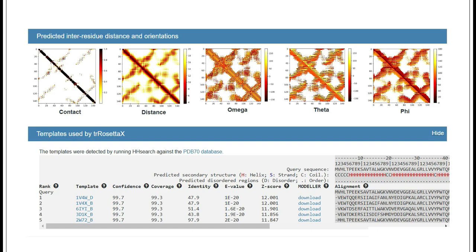These three heat maps represent the orientational information between residue pairs. The omega map predicts the dihedral angles between the residue pairs, specifically the angle around the bond connecting two residues. This red area represents specific angular constraints between the residues. The theta map shows the angles between residue pairs related to a reference axis, which is important for capturing backbone geometry.